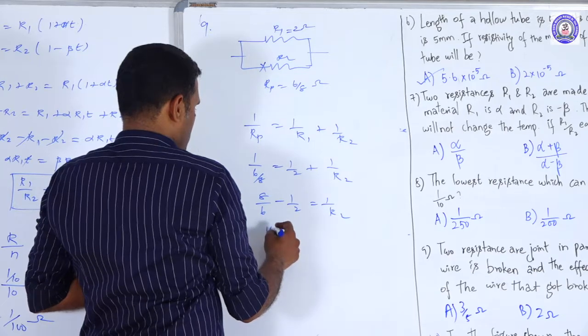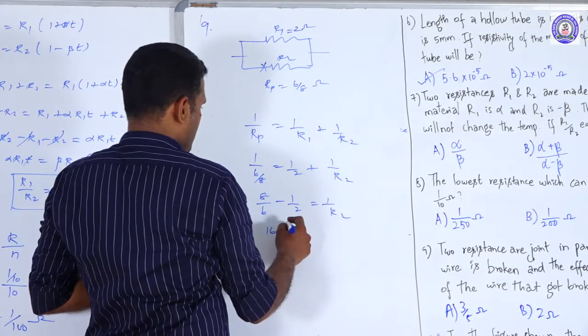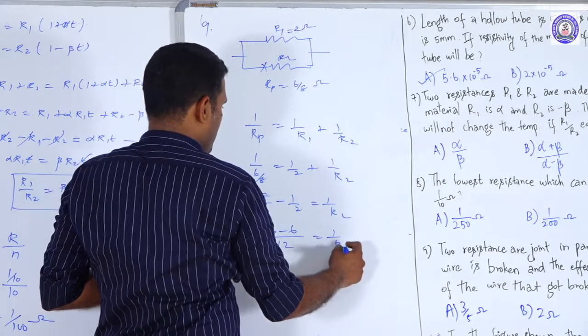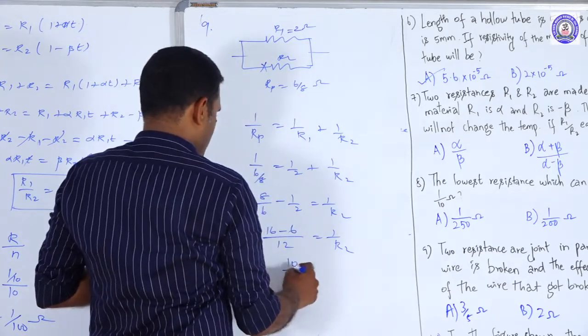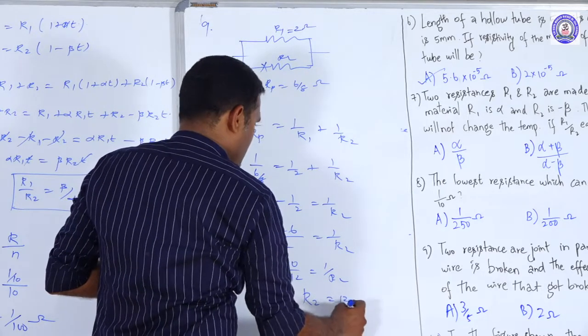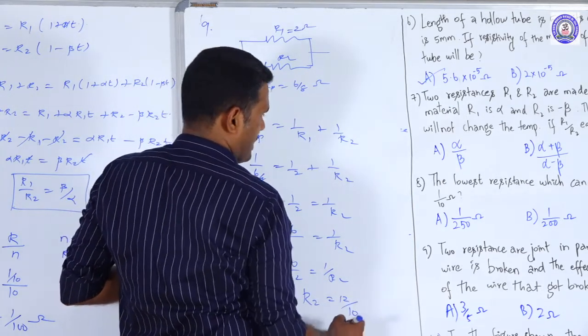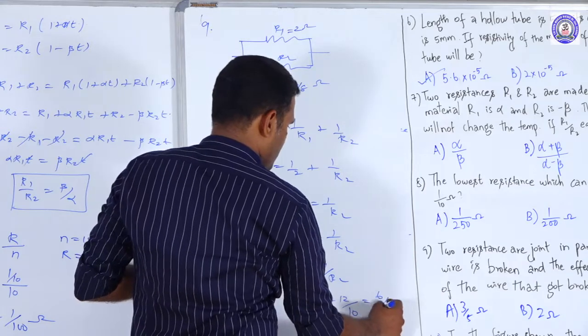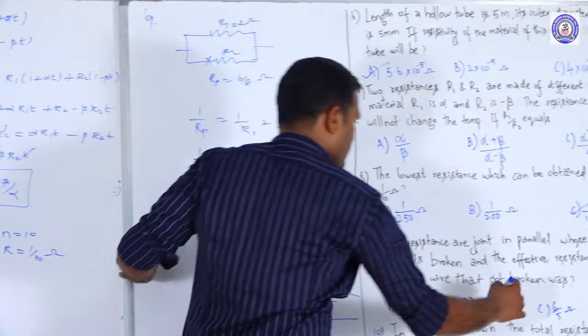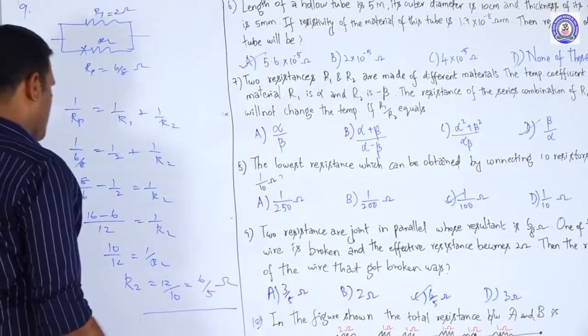So 16 minus 6 divided by 12 equals 1 by R2. 10 divided by 12 is 1 by R2. R2 equals 12 divided by 10, which is 6 divided by 5 ohm. R2 is 6 by 5 ohm. This is the resistance value.